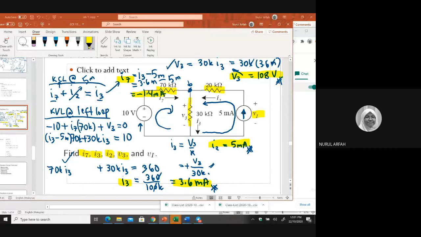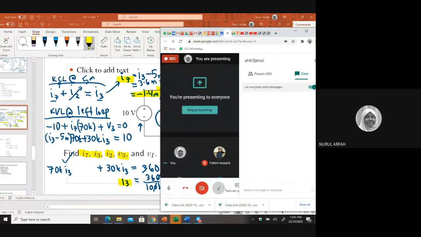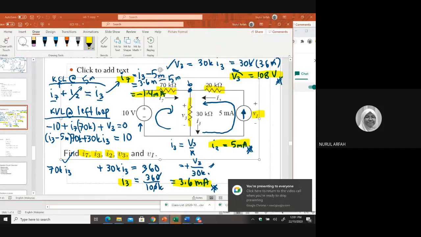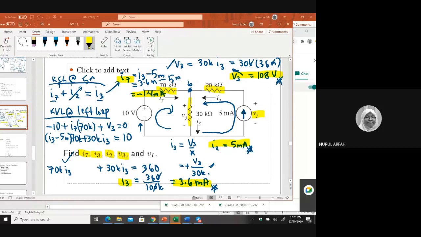Okay, VI equal to? Anyone? Oh, I think because we didn't build any equation here, right? So maybe we can build an equation here.